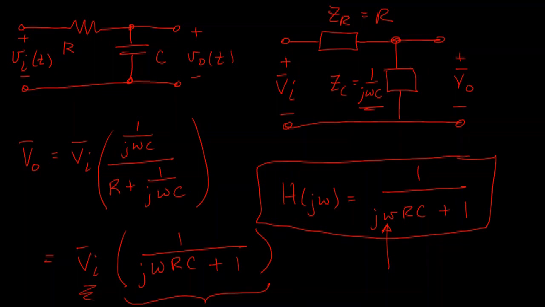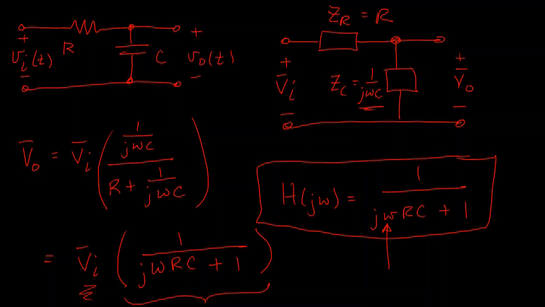Well, you'd say, that's not a complex number. And I could tell you, it's actually the same as the complex number 1 plus j0. So yes, we can equate it to a complex number. And then as omega gets large, the omega term would dominate in the denominator, and the magnitude of that complex number would dive towards 0 as omega goes toward infinity.